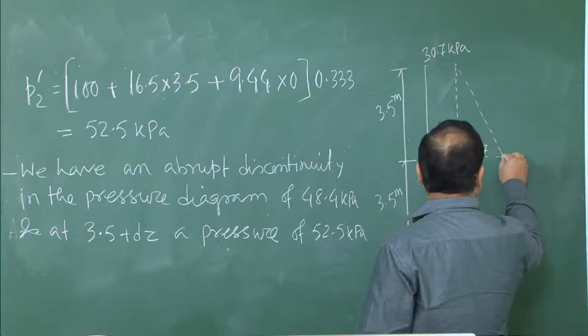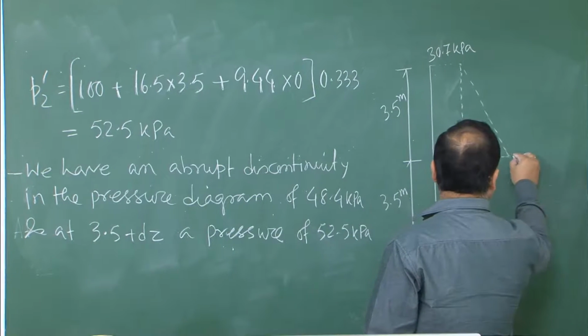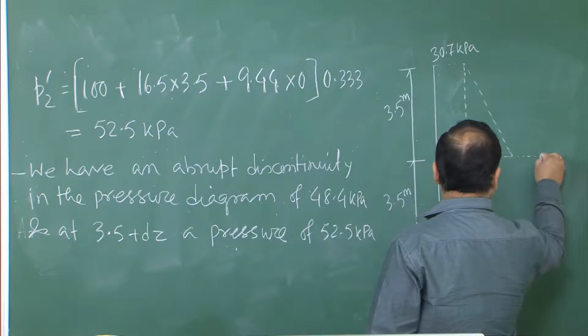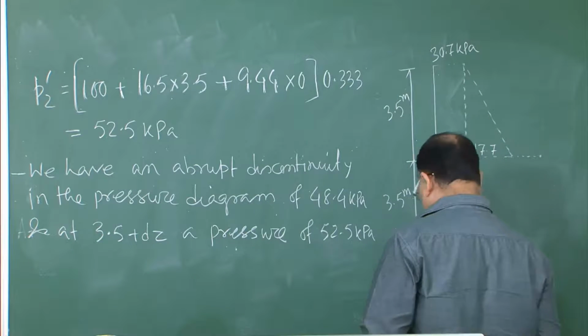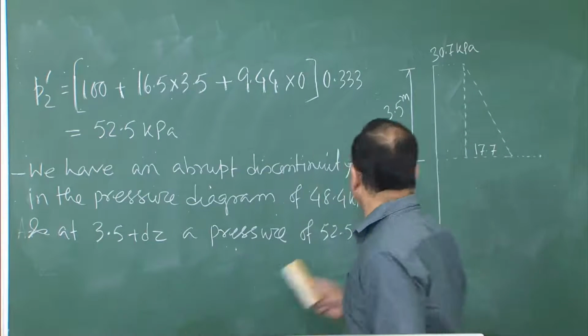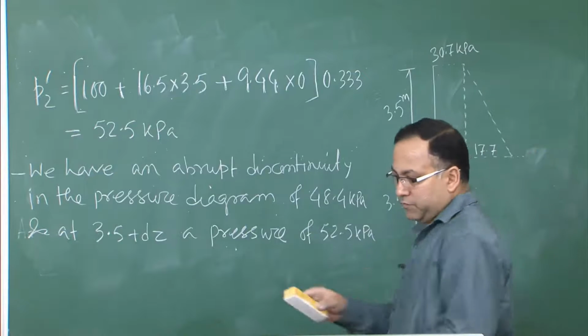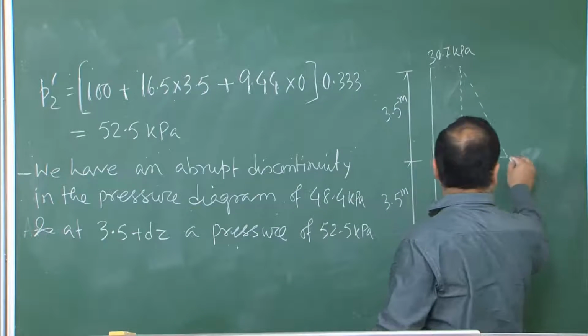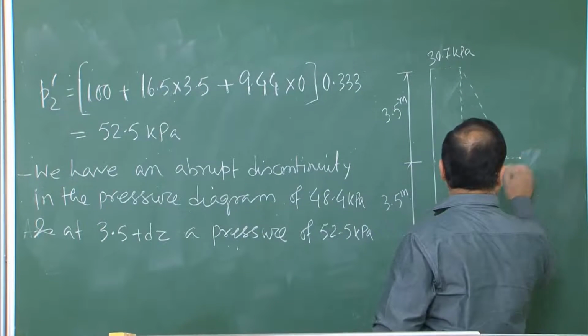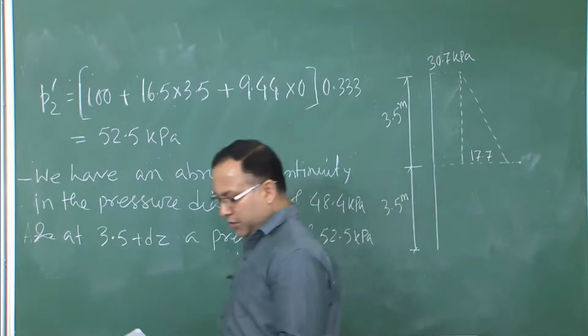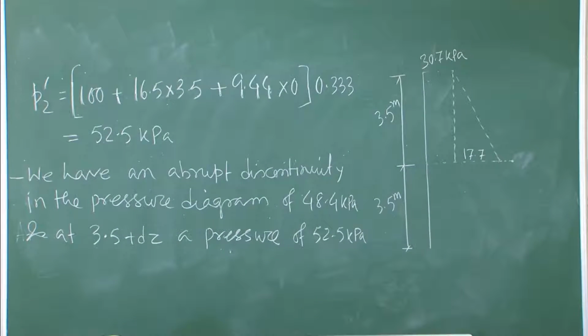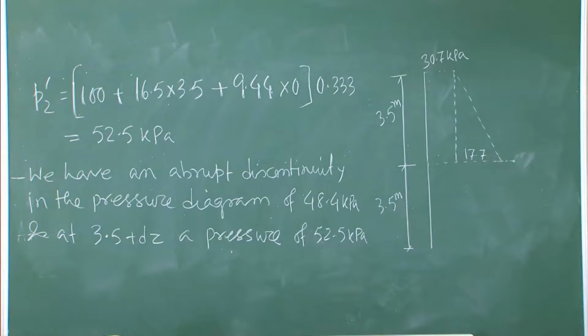So up to this point is 48.4, then 52.5 is happening here. Say this is the point where you are getting 52.5. At the interface both things are happening due to the abrupt discontinuity.